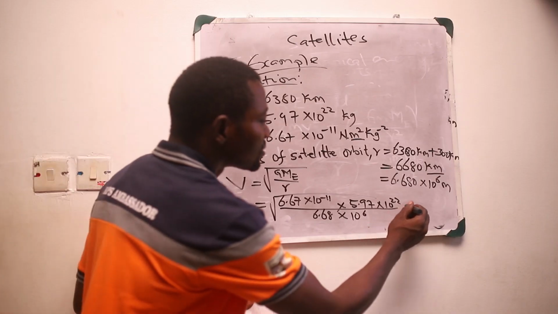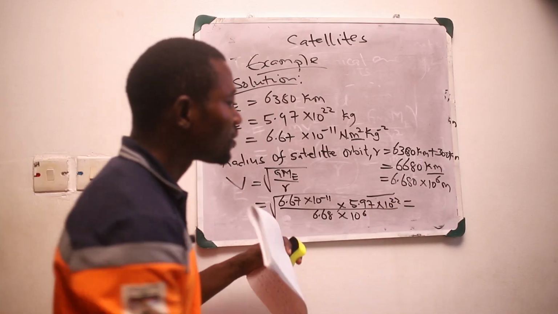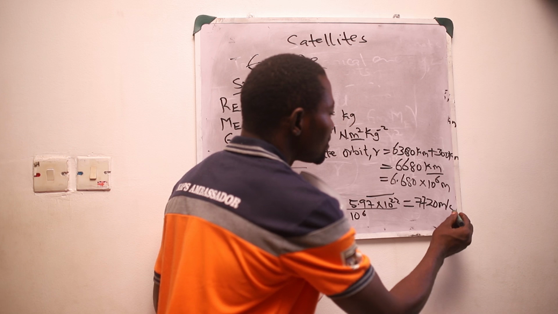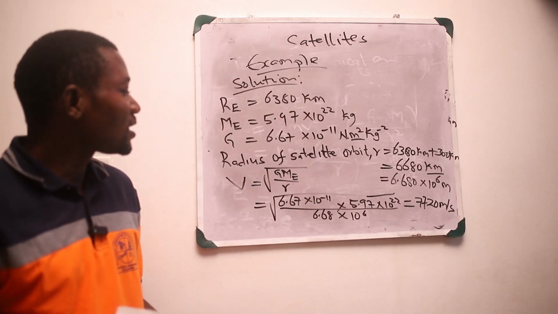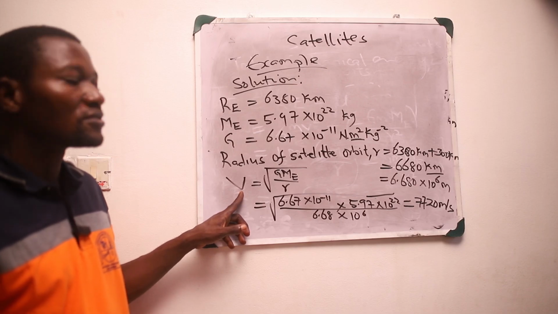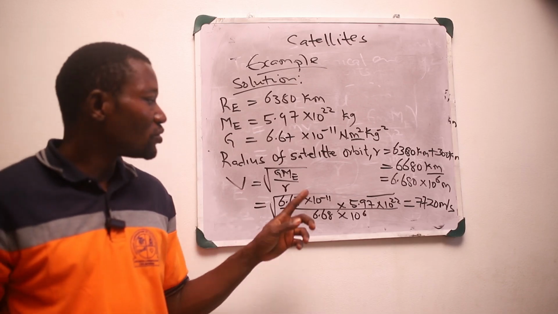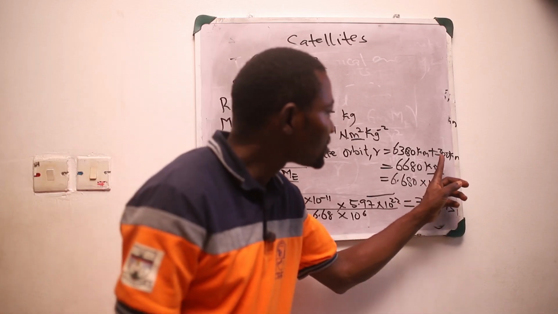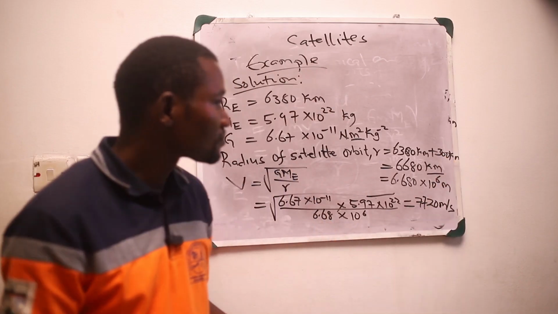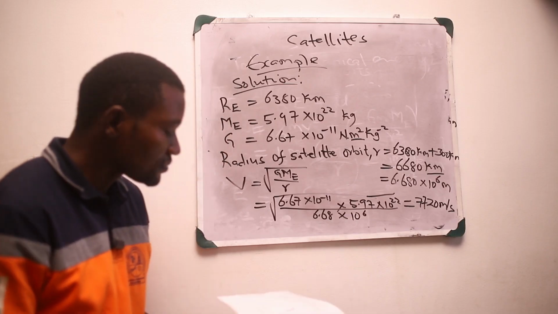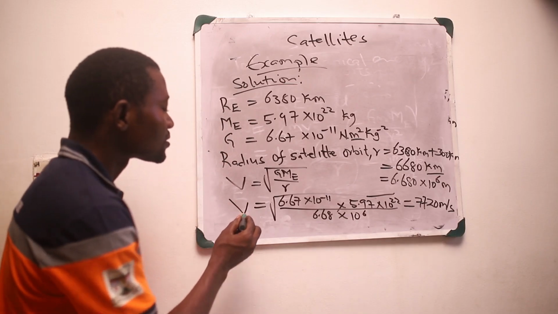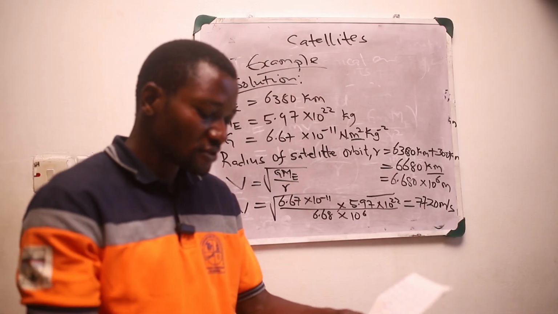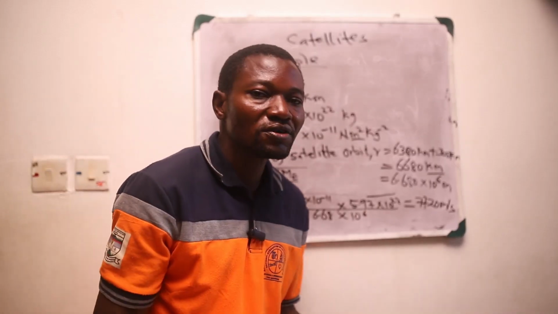If we simplify this, we will have the velocity to be 7720 meters per second. So the earlier expression we derived for velocity of a satellite moving in circular orbit, we have used it here. So for this satellite that will be launched at a distance of 300 kilometers, it will be moving with a velocity v of 7,720 meters per second.